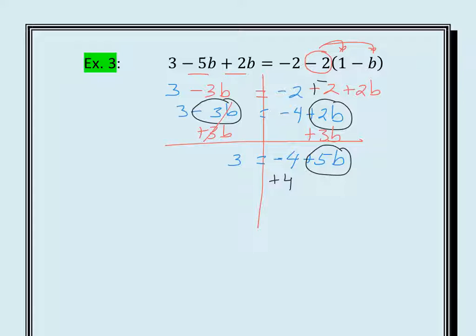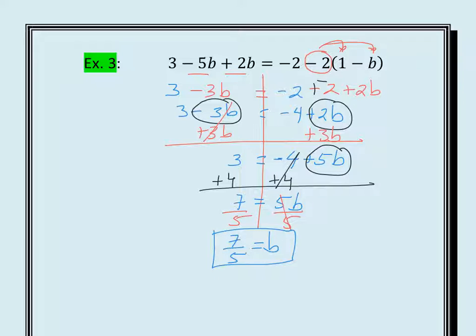So we're going to add 4 and add 4. We get a 7 on the left equals 5b. And now to solve for b, to undo 5b, we're going to divide by 5, divide by 5. And remember, if there isn't a decimal in the original problem, you don't have a decimal as an answer. So there's your solution.